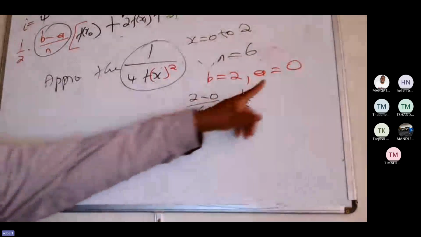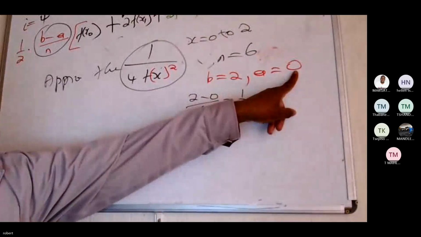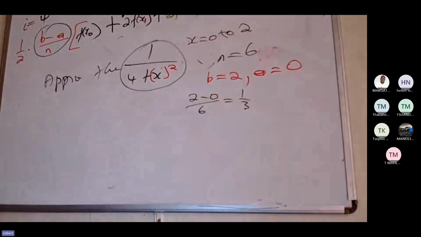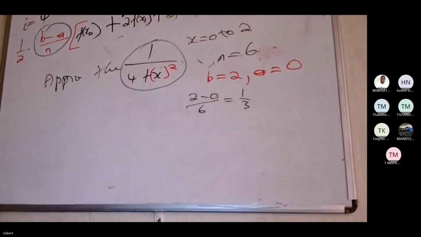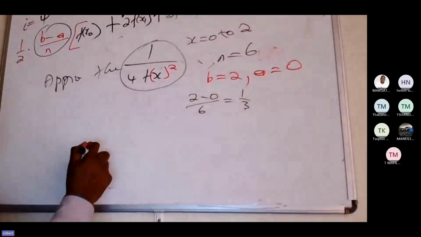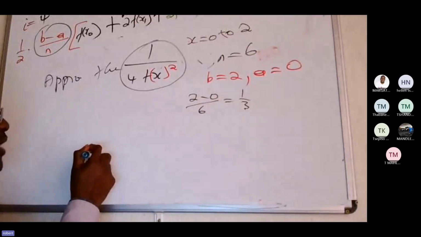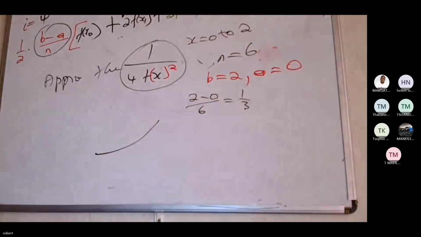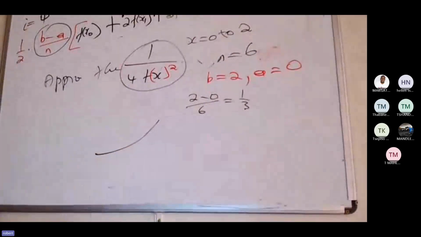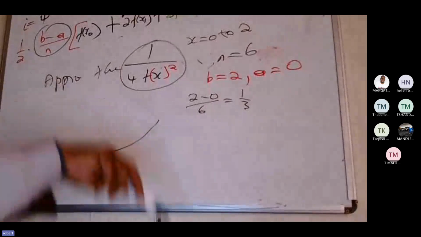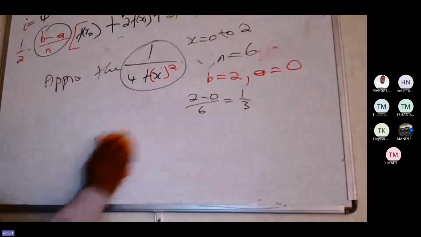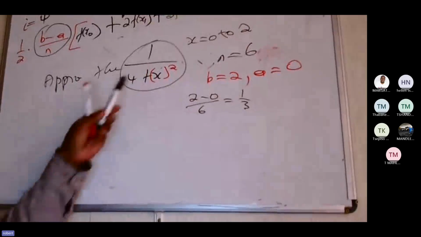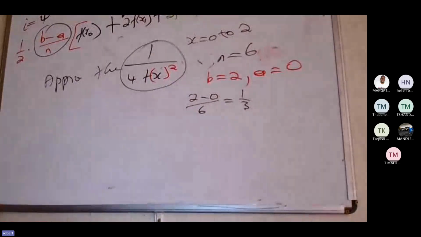The first x is 0. Then how are you going to find the second x? Say you have a graph that looks something like this. It will go down, not up, because the y keeps getting smaller and smaller.